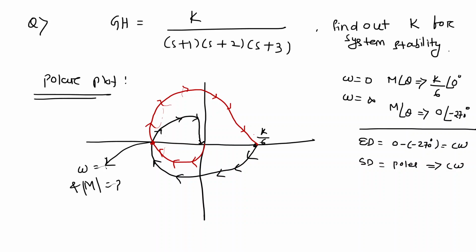Just tell me what is the omega value at this point. This is on the real axis. On the real axis, the imaginary terms are 0. Imaginary terms are the odd part. Make the odd part equal to 0. So in this equation, solve the equation and find omega. Do it quickly, I'm waiting for your answer.